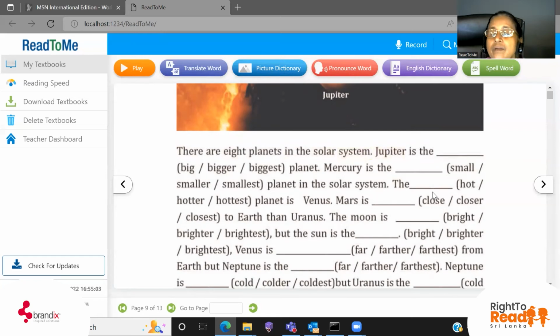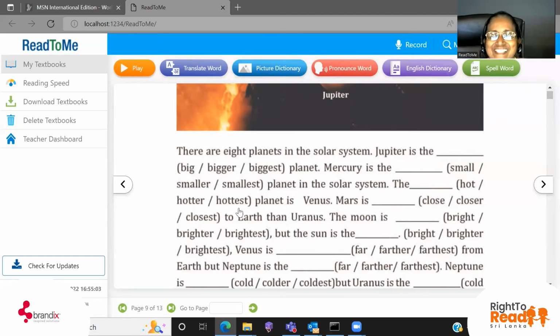Good. Then the recording says Jupiter is the. The is here. Then what follows the word the? Comparative or superlative?